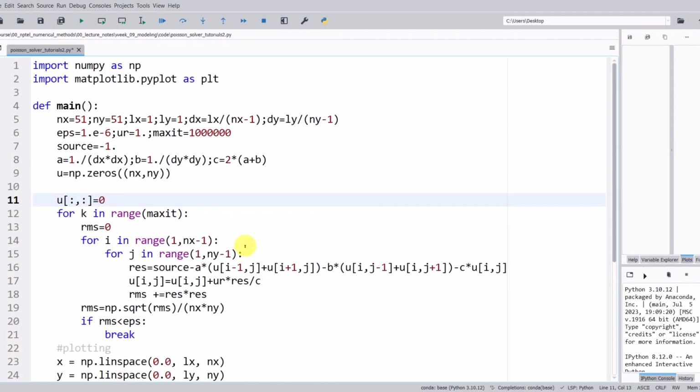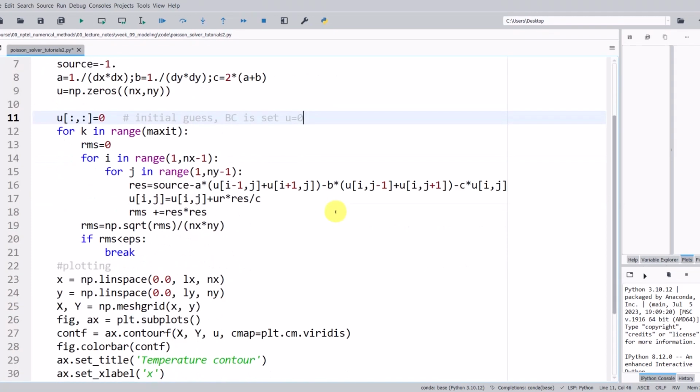At the boundary the theta is 0, and anyway we have used u equals 0 because of np dot zeros. So anyway at the boundary theta is 0, so we are not doing anything at the boundary. So this is my initial guess and not initial condition. The BC is set, u equals 0 anyway, so we don't bother about it.